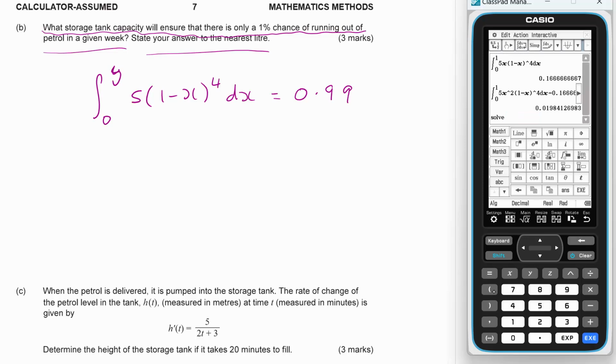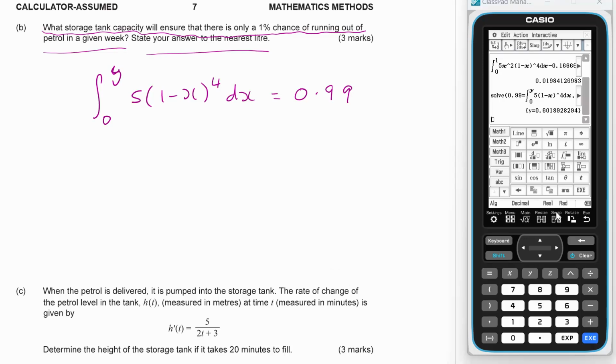So we've got solve 0.99 is equal to the integral from 0 to y of 5(1 - x)^4 dx, and I need to tell it that I'm solving for y. And we'll execute on that, and it gives me 0.602.